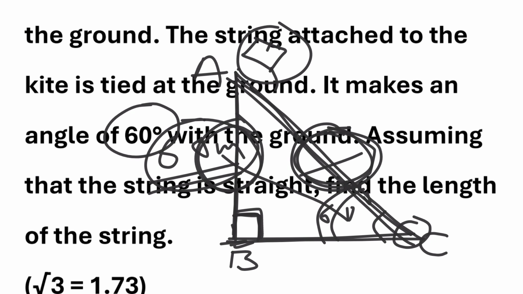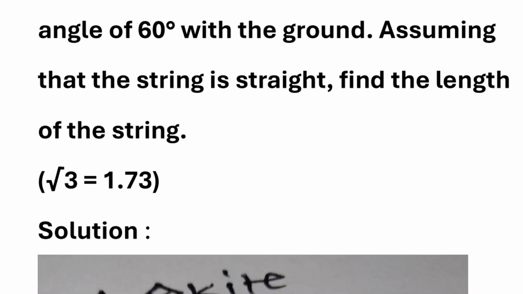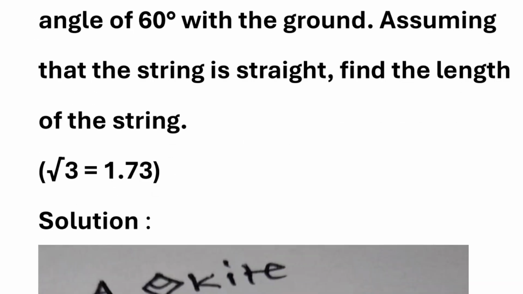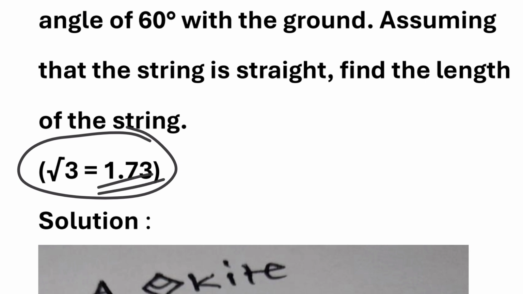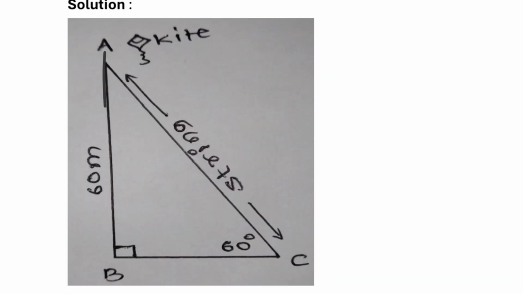Have you got this? Now here in this right angle triangle ABC, we have also given value of root 3 is equal to 1.73.